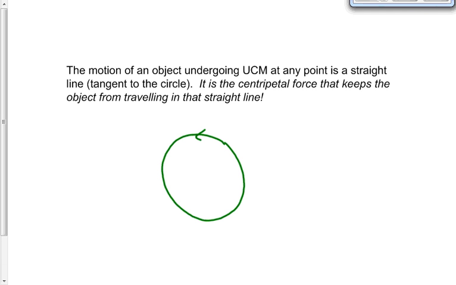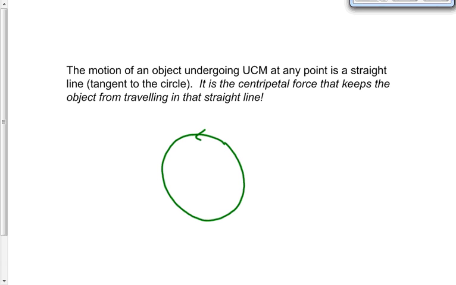If there's no centripetal force, no unbalanced force to keep it from going in a straight line, it will go in a straight line. So in other words, if let's say I swing my keys around my head like this, there's a centripetal force keeping these keys from going in a straight line. It's provided by the string and ultimately my hand. If I let go of these keys, the centripetal force is gone. What happens to these keys? They go off in a straight line.